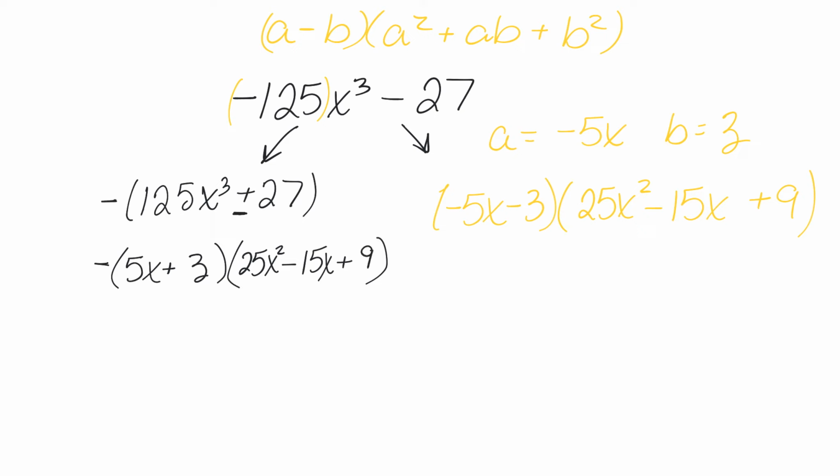So my question is, is this the same thing as this? And it is, because here my negatives just factored out, right? Like I could factor that back in and get negative 5x minus 3 times 25x squared minus 15x plus 9.